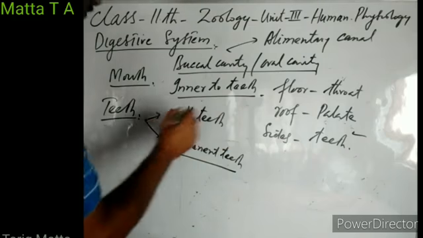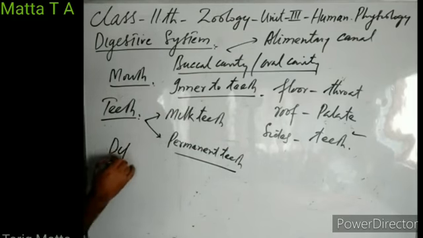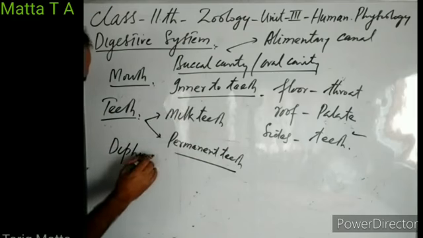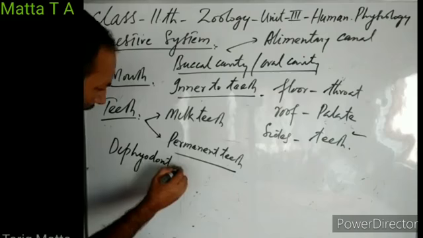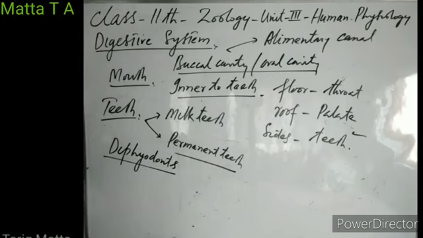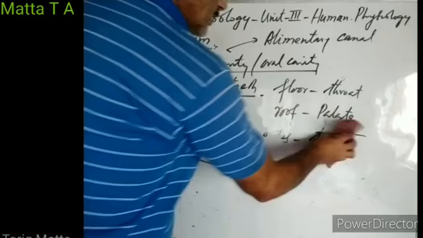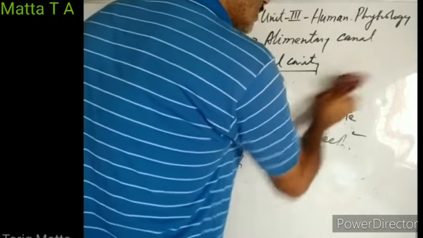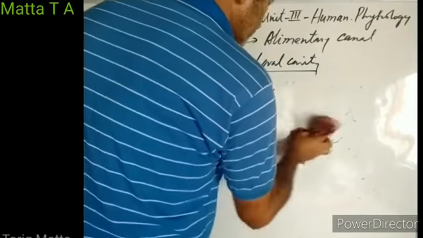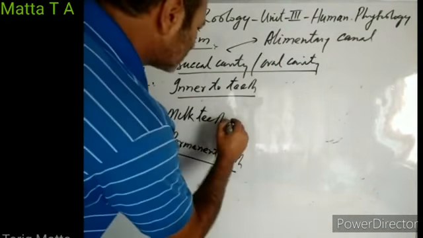Because humans develop two sets of teeth, humans are diphyodonts. We call this condition the diphyodont condition. These milk teeth are also known as deciduous teeth.